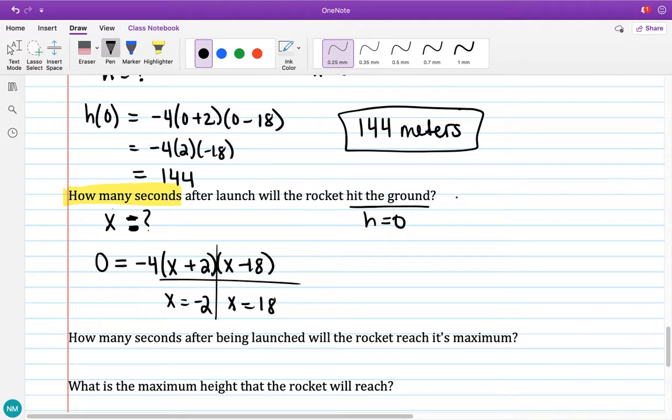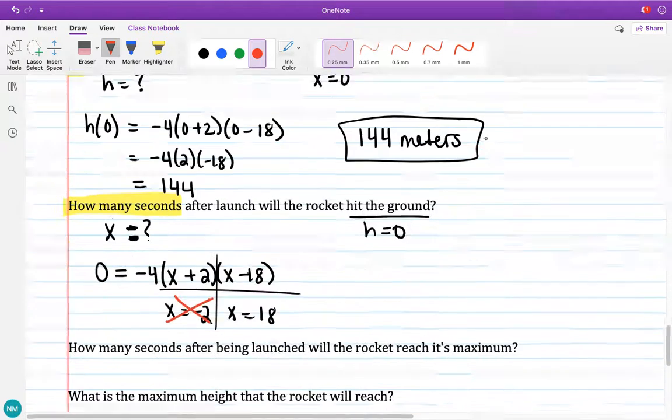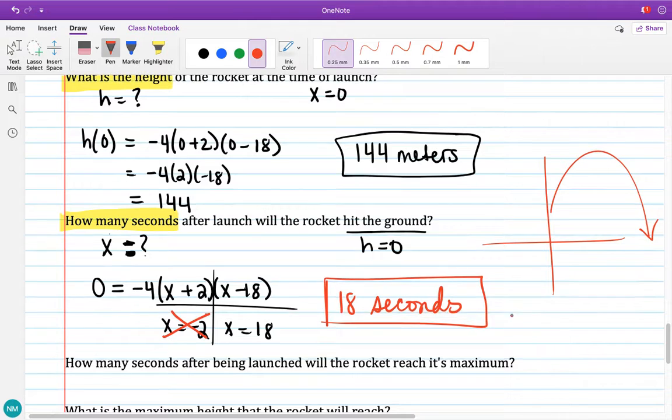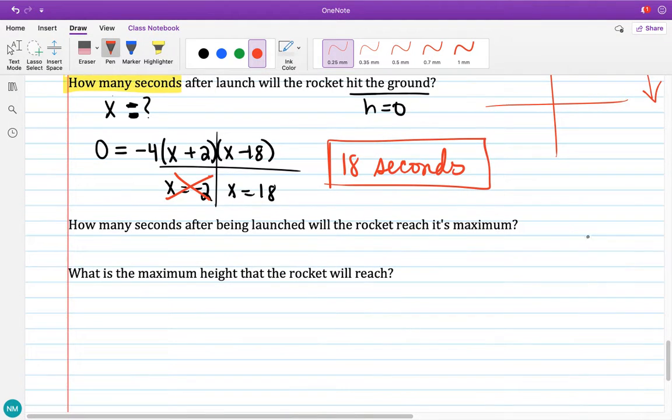So the question is, which one gets canceled, right? The negative, because if I throw a ball up here, I'm not going to have negative time. We don't like negative time, right? We like moving forward with our lives. So 18 seconds. Seconds? Yes. 18 seconds.